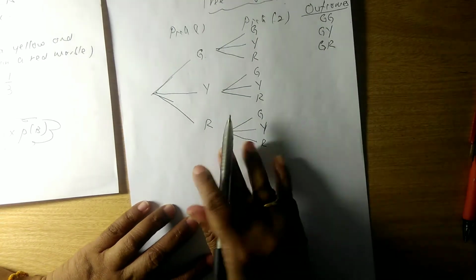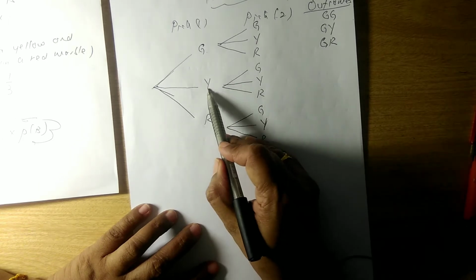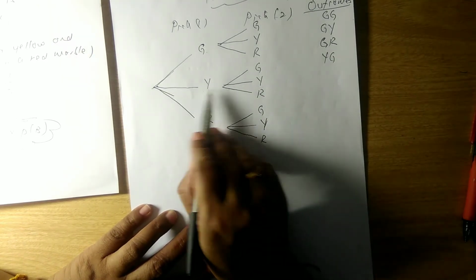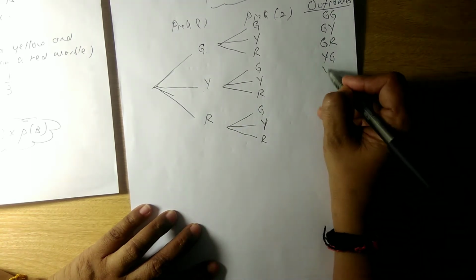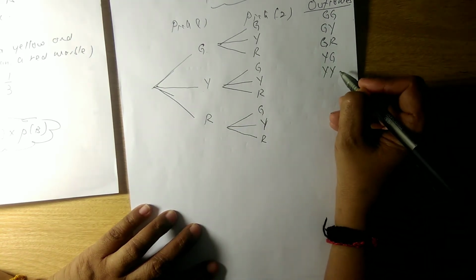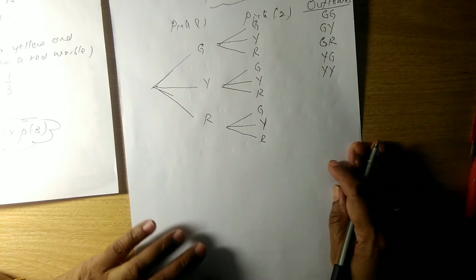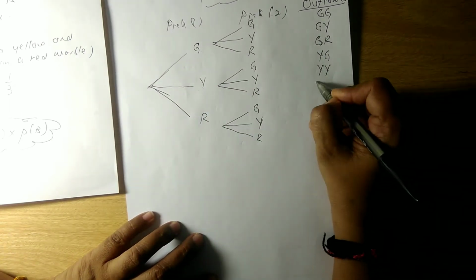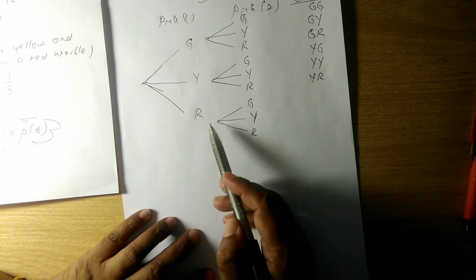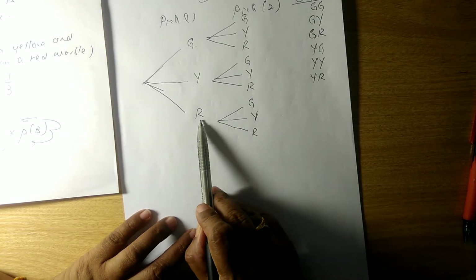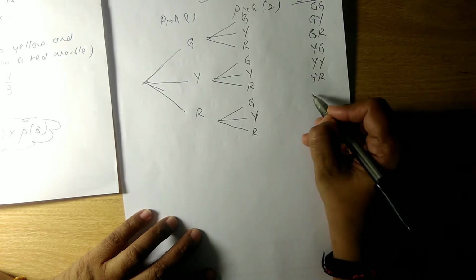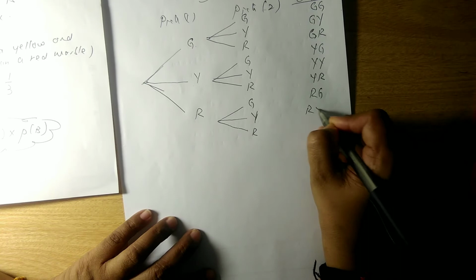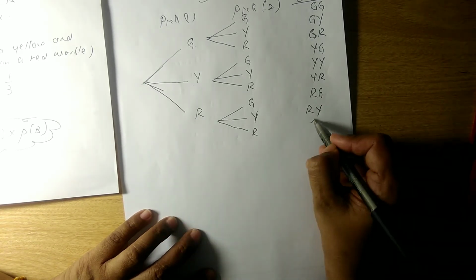The fourth outcome is yellow first, followed by green. Next is yellow followed by another yellow. This is possible because the marbles are returned to the box. Next is yellow followed by red. Next is red followed by green. Next is red followed by yellow. And the following one is red followed by red.